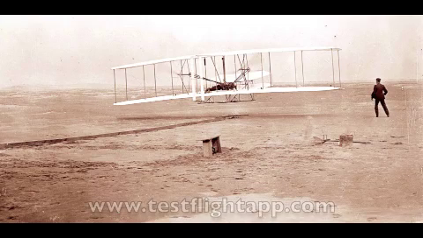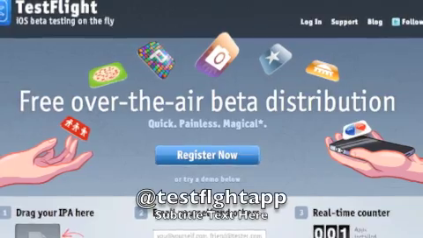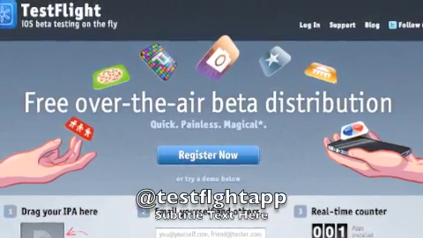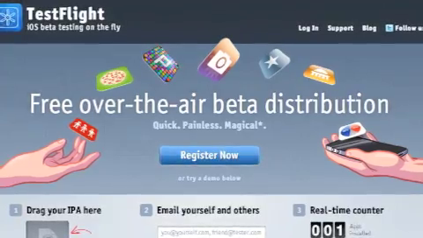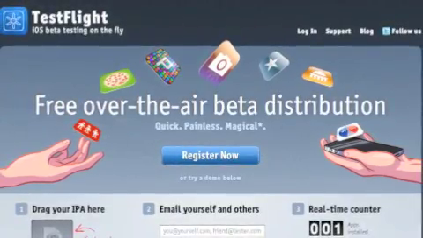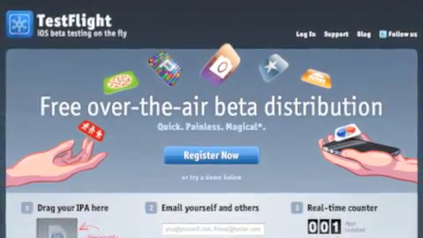I'm using an awesome service called TestFlight, testflightapp.com. TestFlight makes the whole beta process, which is really insanely frustrating, not too bad. Here's what I would say is the ideal way to do a beta now that we have TestFlight. You can use TestFlight to gather the people who want to become beta testers.